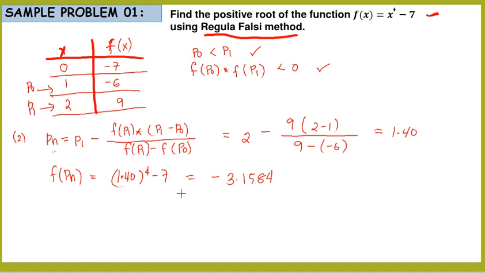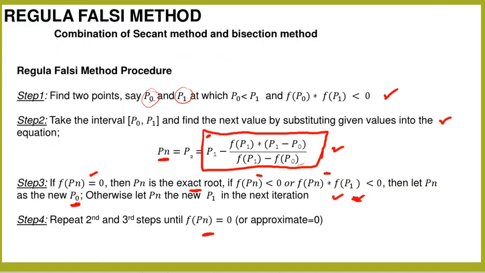So, ang sabi natin dito sa bisection method, if our function of Pn is equal to 0, then Pn is the exact root. And since hindi naman approximately 0 or 0 yung function of Pn natin, meron tayong condition dito that if F(Pn) is less than 0 or F(Pn) multiplied by F(P1) is less than 0, that is a negative value, then Pn is the new P0, otherwise Pn is the new P1.